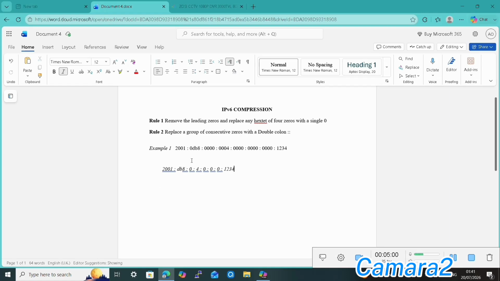Here now we have applied our first rule by removing the leading zeros and replacing the hex state with 4 zeros with a single 0. Here now we have 2001. Since we removed this 0 here, we are left with db8, which we wrote here. All these 4 zeros, we represented them with one 0, which is this 0 here.